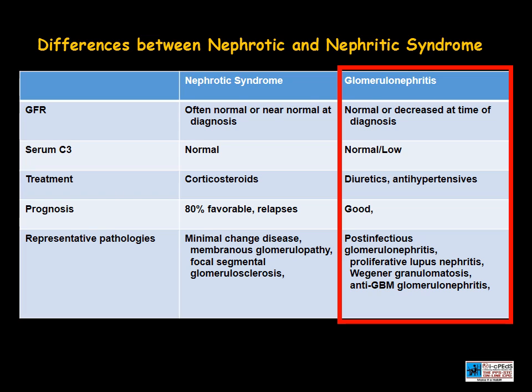Prognosis is usually favorable in patients with nephrotic syndrome and good in glomerulonephritis patients. Representative pathologies for nephrotic syndrome are minimal change disease and focal segmental glomerulosclerosis, while on the other hand, the representative pathology in patients with glomerulonephritis is the prototype, which is termed post-infectious or post-streptococcal glomerulonephritis.